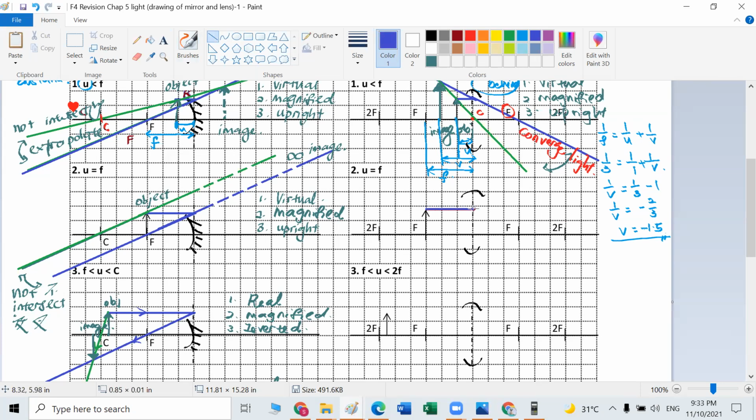So K, and F, and C. C is center of the lens. Now you can see they cannot converge. So what should we do? We extrapolate.